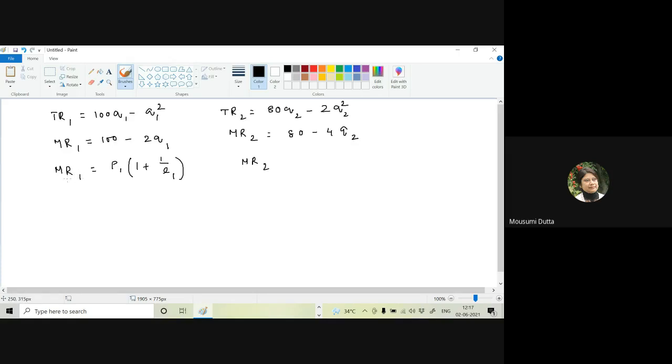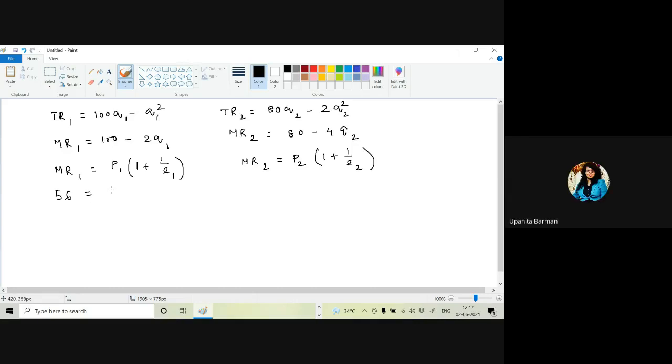At equilibrium, you know Q1 star and P1 star. So put the values and calculate the elasticities. The first one is minus 3.5 and the second one is minus 5.67. So first you tell me the value of MR1. 56.